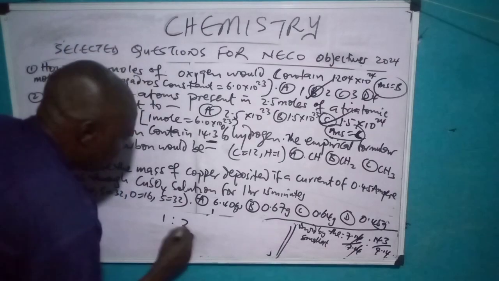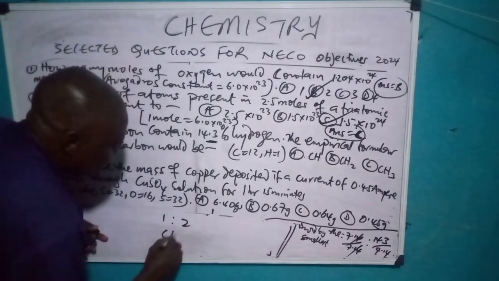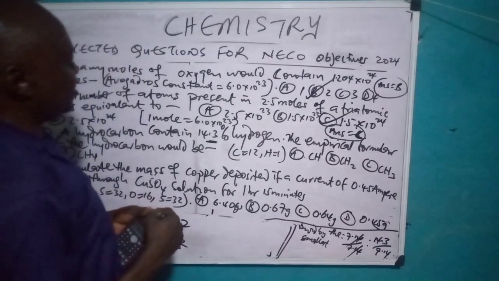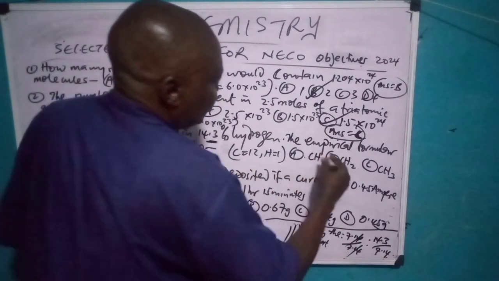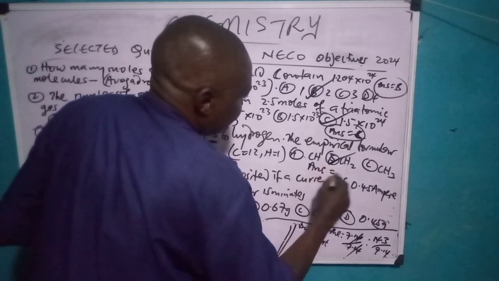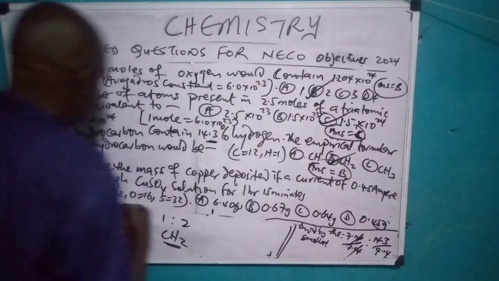So you have 1 ratio 2. Therefore, the empirical formula is CH2. Let's see the options. Number 3, CH2. So option B, answer equals B.